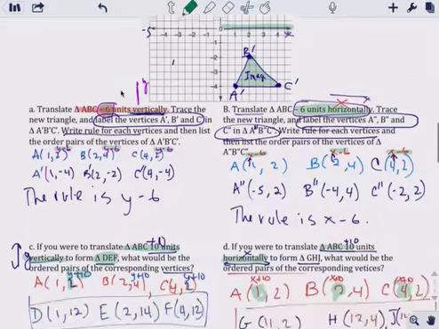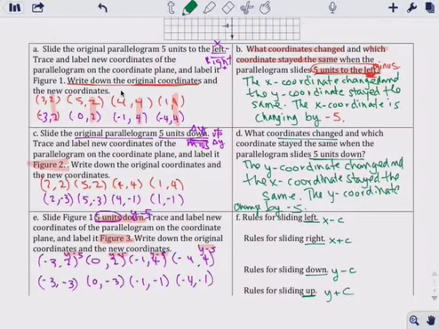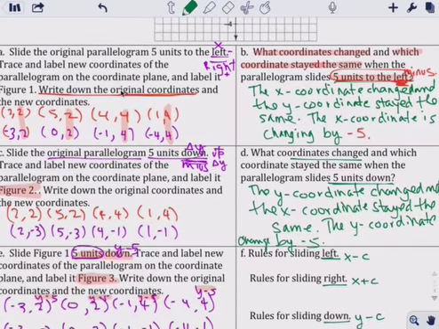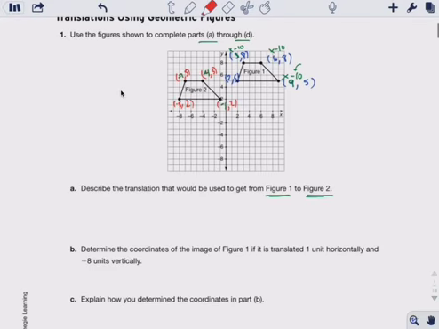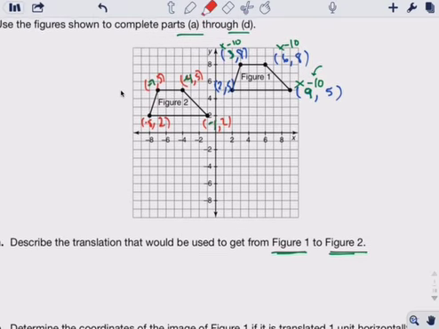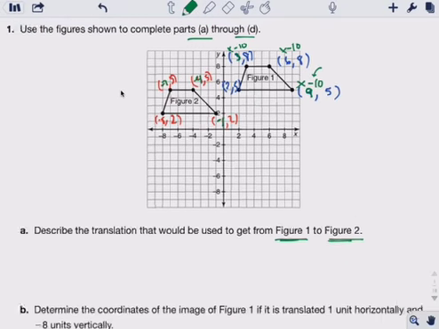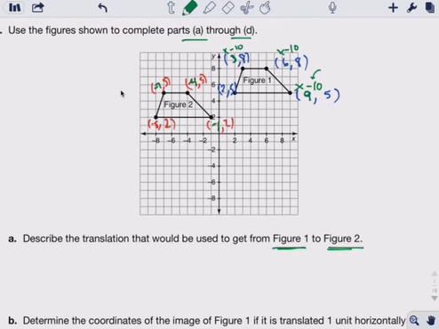When they don't give us any letter, you can't use translate. You have to use the word slide. It's not a shift, it's a slide. So from figure 1 to figure 2, it's basically a slide 10 units to the left.